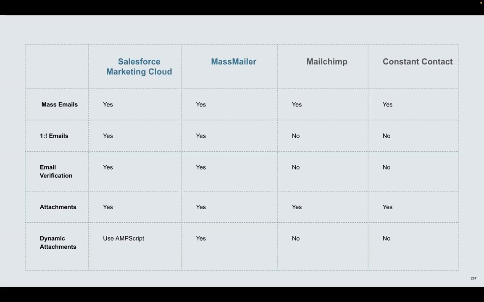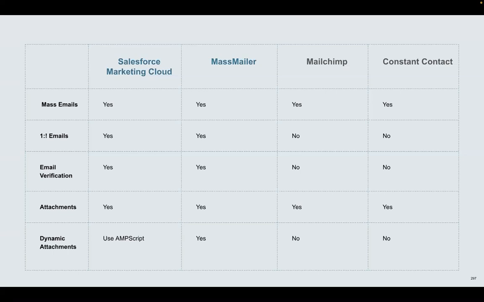Attachments, yeah, you can have the file attachment in all these platforms. When it comes to dynamic attachment, meaning if you want to send a unique file with every single email that you're sending, it's possible certainly in Salesforce Marketing Cloud and MassMailer, but you can't do that in MailChimp or Constant Contact.